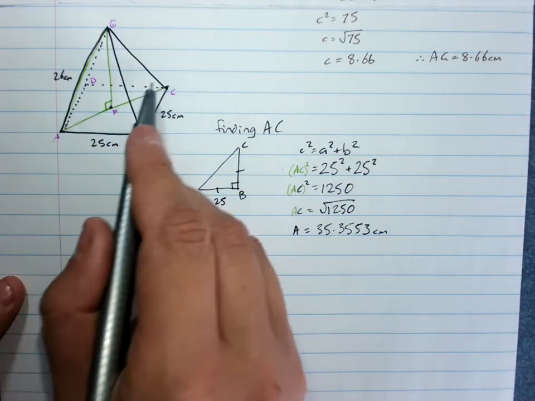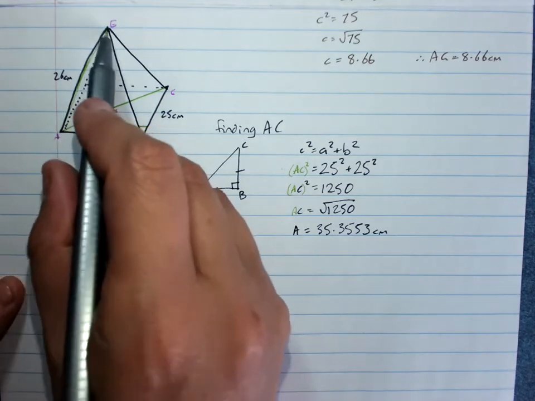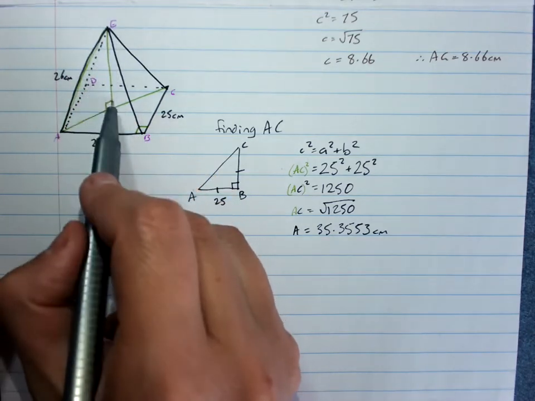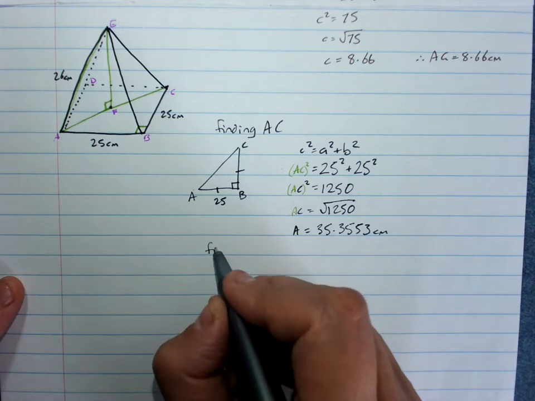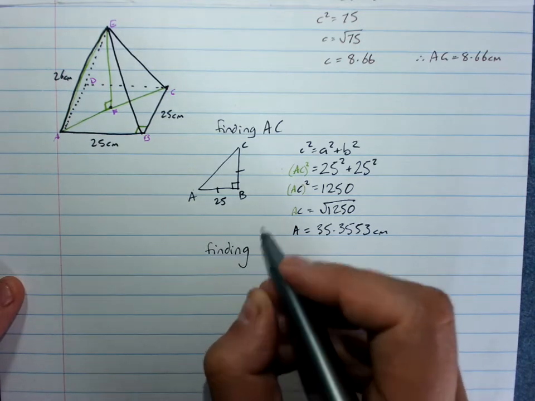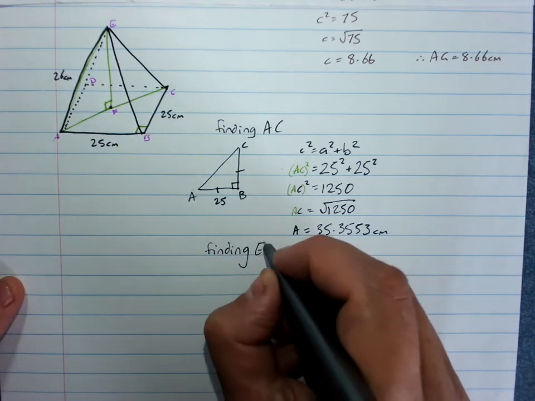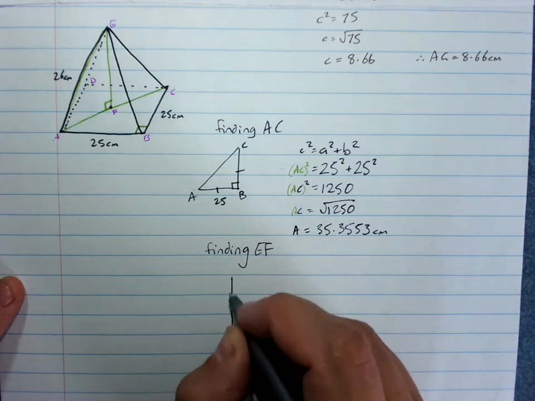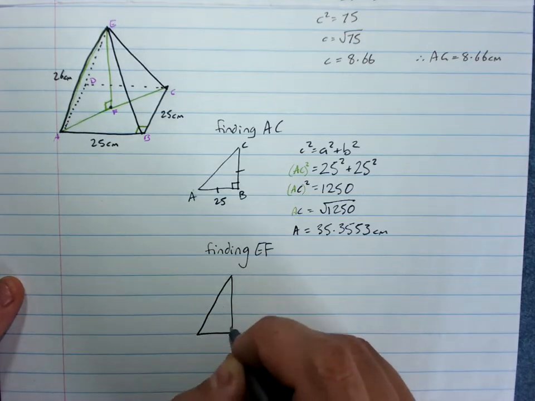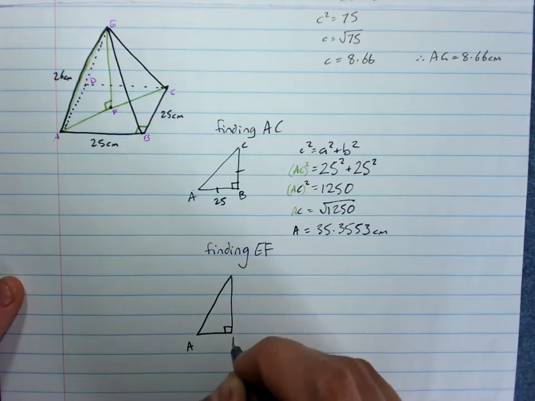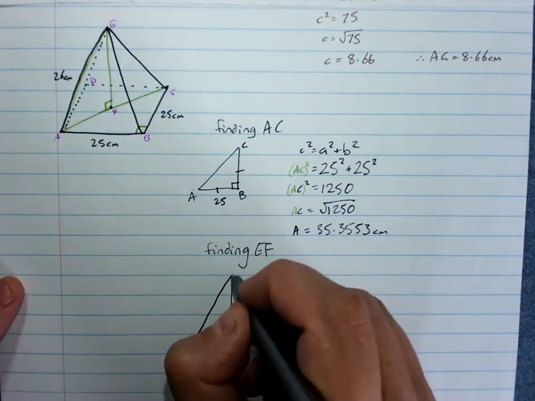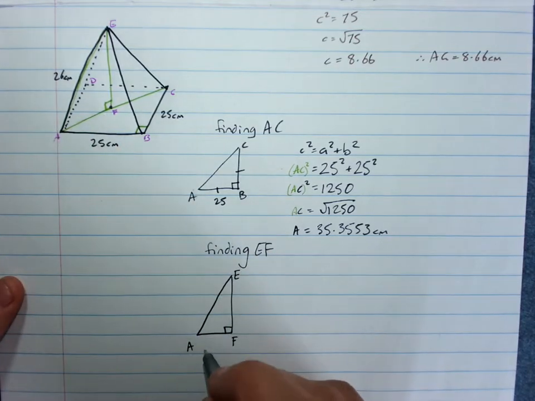So then we've found that. I want to find this side here, which is what they've asked for. Again, redraw the triangle that I'm interested in, and it's only into the centre here. So this is triangle AEF.